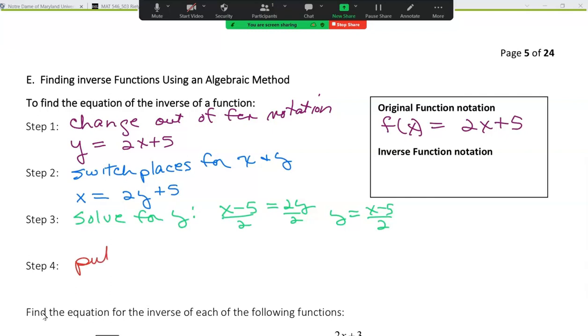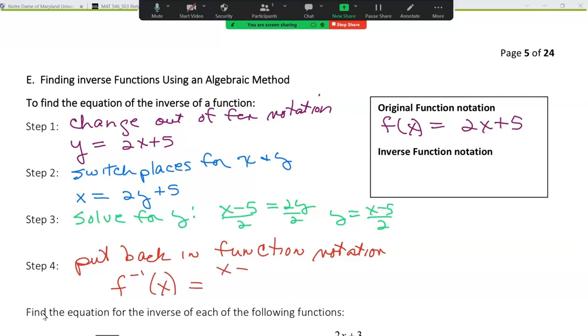Put back in function notation. Okay, what does that mean? That means that that y is not really y, but it's f to the negative 1 of x, and that equals the inverse, x minus 5 over 2.